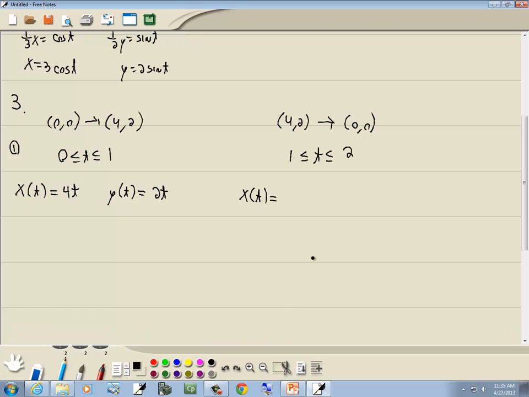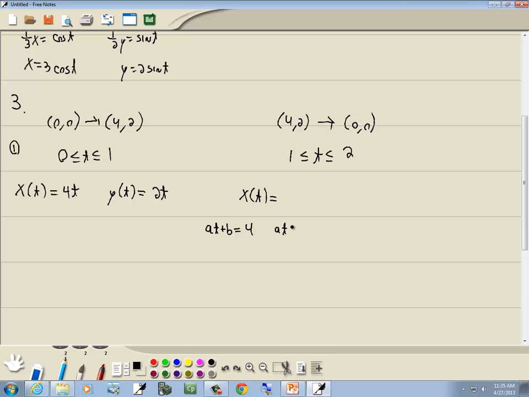I'm trying to see if I can eyeball it. I can't see it. Okay, so our at plus b is going to be equal to our beginning x value, which is 4.